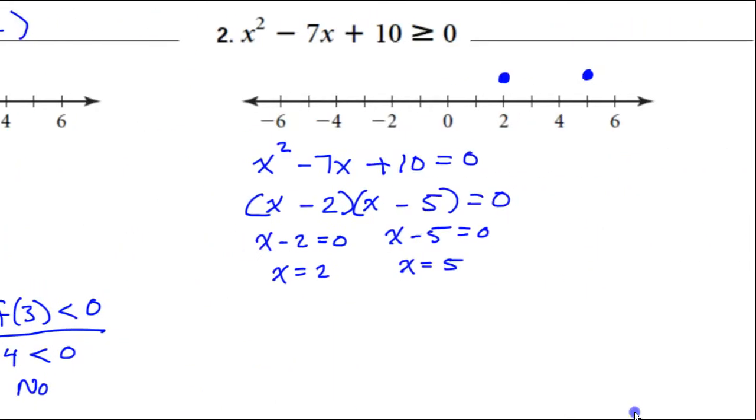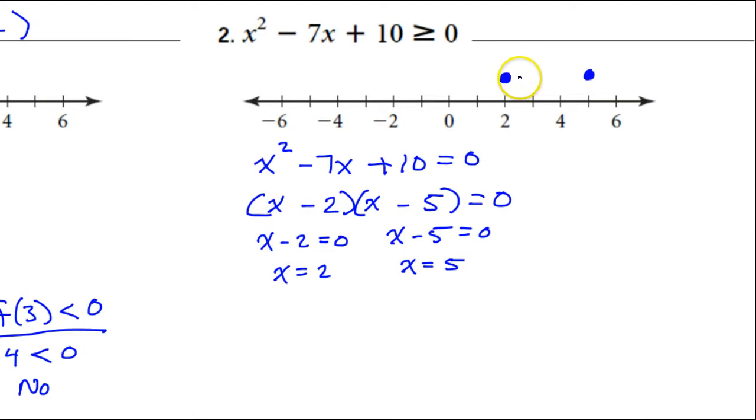This time I made them closed circles. The difference is, this time I'm looking for the places where the function is greater than or equal to 0. So these numbers represent places where the function equals 0. So we want to include those in the solution, and we'll show that by making these closed circles. So these are part of the solution.